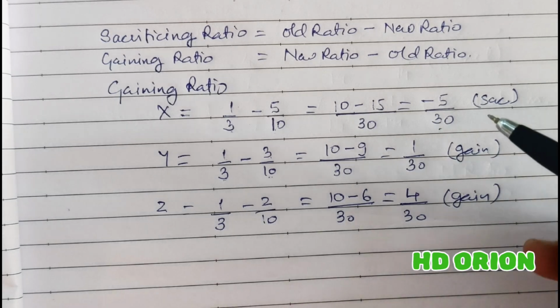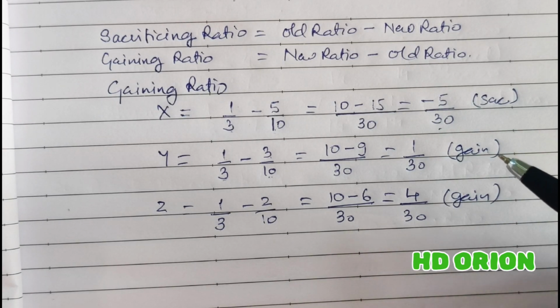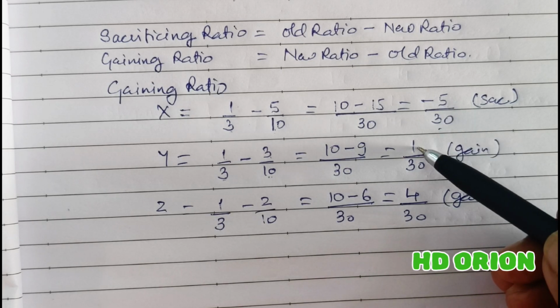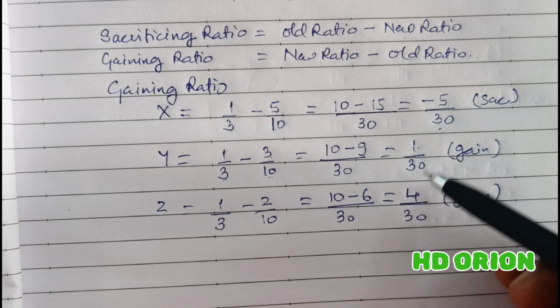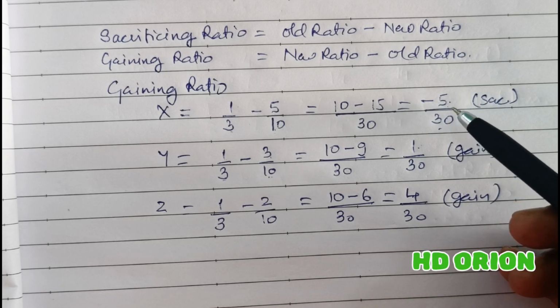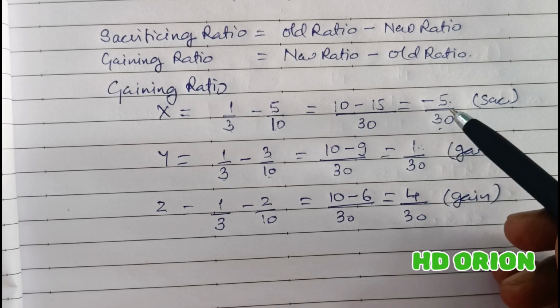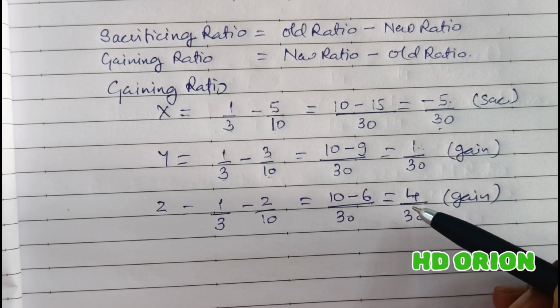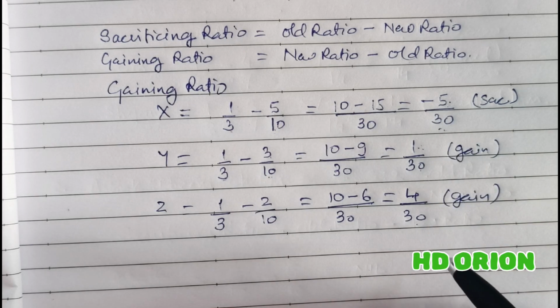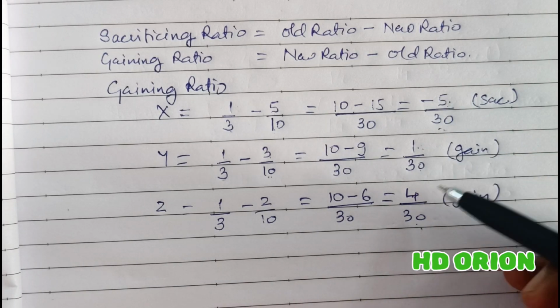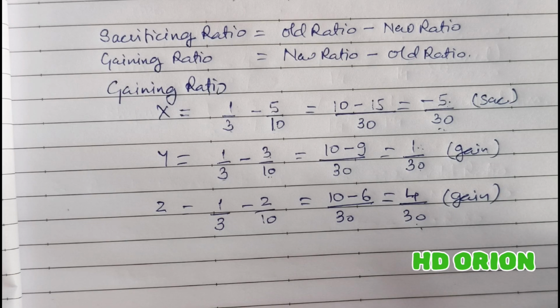Now as I told you before, gain and sacrifice should always be equal. So here you see it is minus 5 in the numerator, and here it is 1 plus 4, which is again 5. So 5 by 30th is sacrificed and 5 by 30th is gained. Now we can easily judge from the numerator because the denominators are the same: 30, 30, 30. Unless the denominators are the same, you cannot judge from the numerators whether the sacrifice and gain are equal or not.